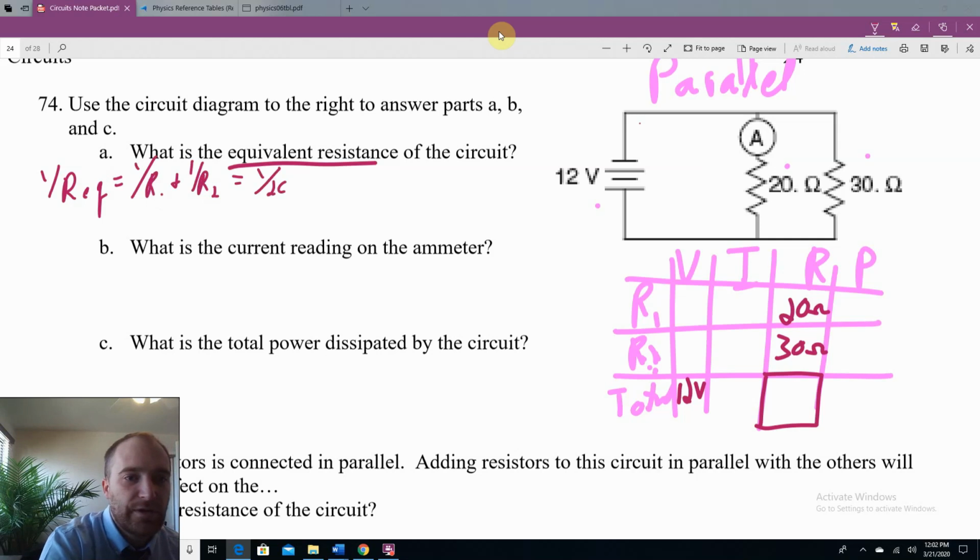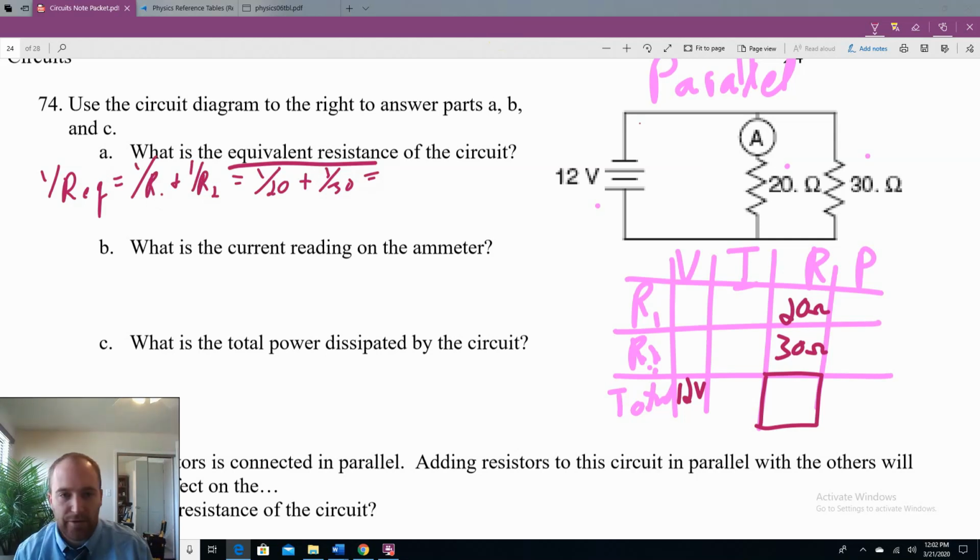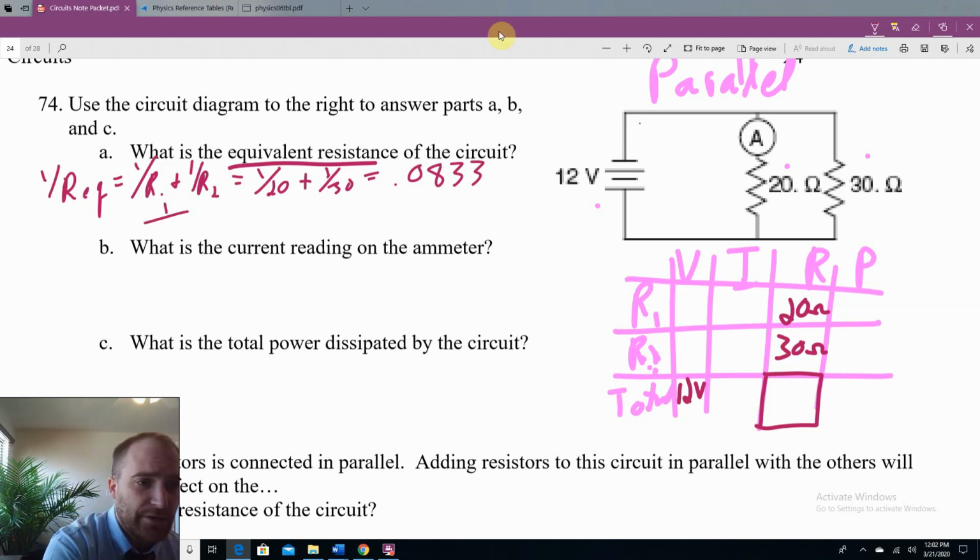That's 1 over 20. I'm not showing my units because I'm going to run out of room. Alright, 1 over 20 plus 1 over 30. If you don't like fractions and common denominators, throw it in the calculator. I got 0.083 repeating, so let's put a couple threes there. And again, that is not the equivalent resistance, that's 1 over the equivalent resistance.